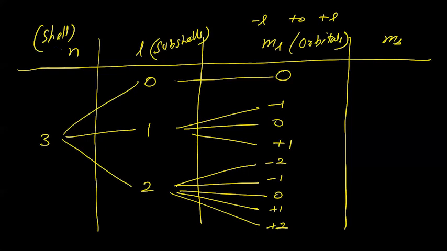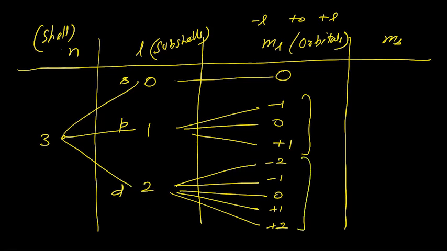So this is the representation: the third shell of any atom can have 3 subshells. These 3 subshells individually will have their own orbitals. s, p, d are the subshells here: 0 is s, 1 is p, 2 is d. Here there will be only 0, here minus 1 to plus 1, minus 2 to plus 2.